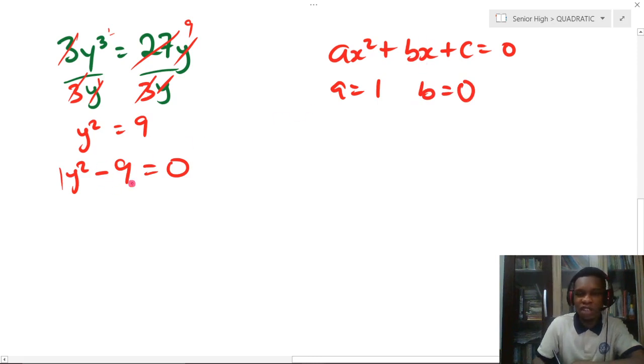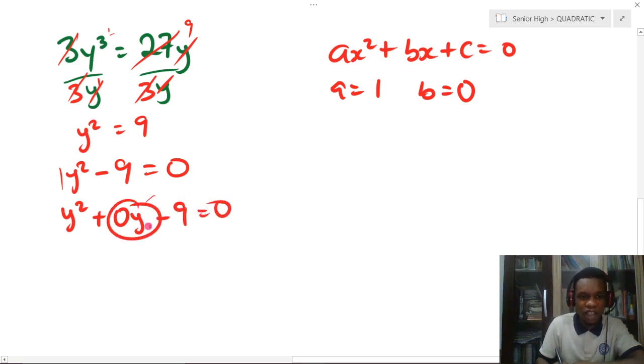There's nothing here, so we assume that b was 0, because when it is 0, it multiplies that y and it still remains 0, so there's no value there. So really it was supposed to look like this: y squared plus 0y minus 9 is equal to 0, but 0y still means 0. That's why we just put everything as this. So I'll take that off so that we don't need to consider it again.